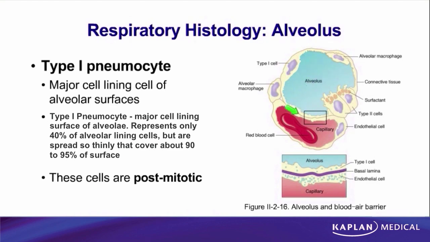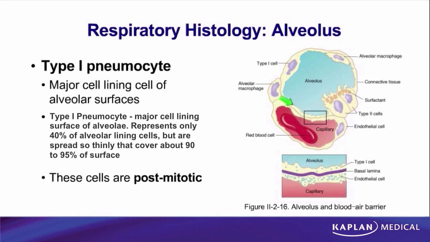Abutted right up against that, we're going to see a blood vessel, a capillary. Again, a very thin epithelium. Again, simple squamous epithelium lining the lumen of the capillary. When a simple squamous epithelium is lining a blood vessel, you call it endothelium, but it's just another name for a simple squamous epithelium.